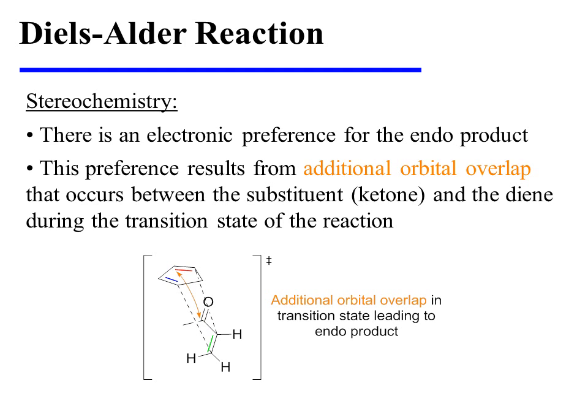When the substrates are placed so as to allow this additional orbital overlap, you'll notice that the ketone ends up closer to the two-carbon bridge than it would be to the one-carbon bridge. And this is the genesis of the endo selectivity.